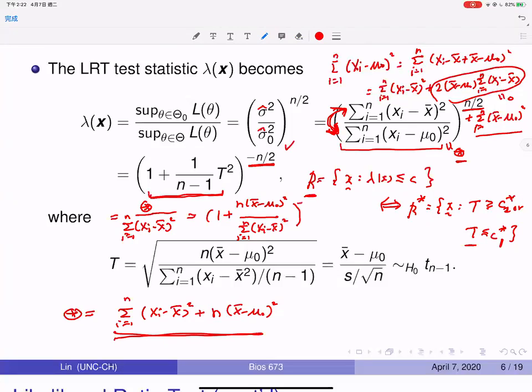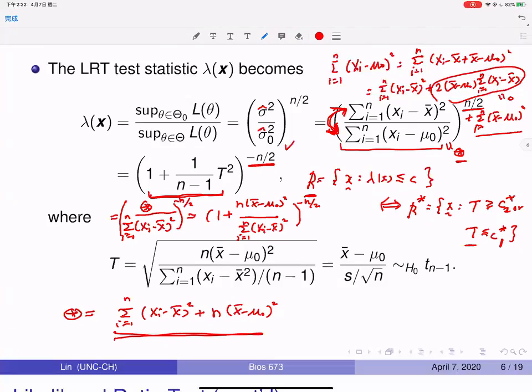Okay, then to the power negative n divided by 2. Okay, good. Then let me put here n divided by 2 minus n divided by 2.